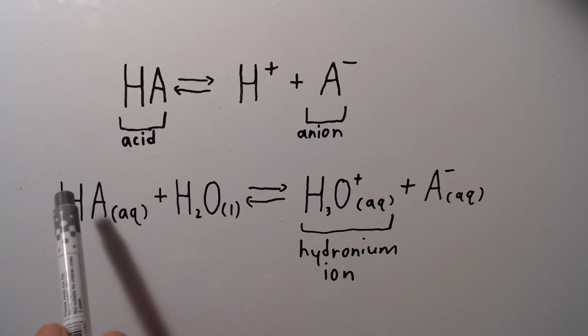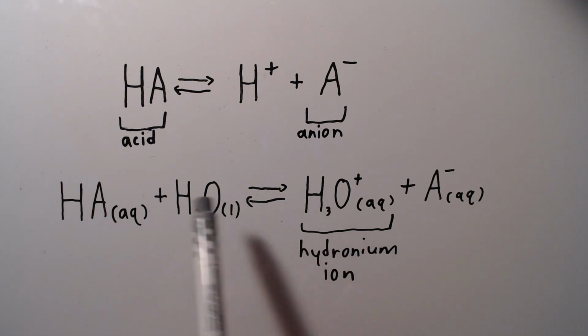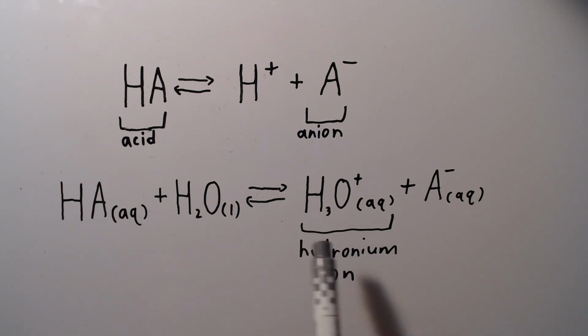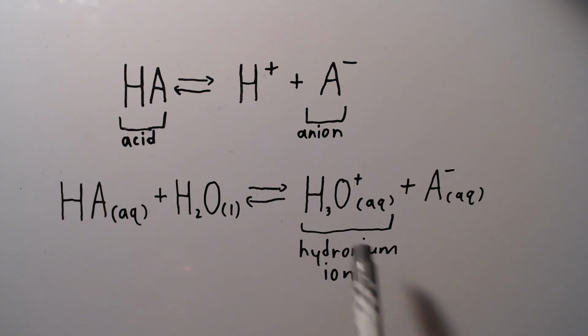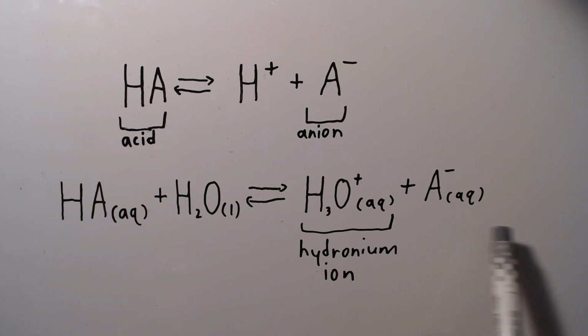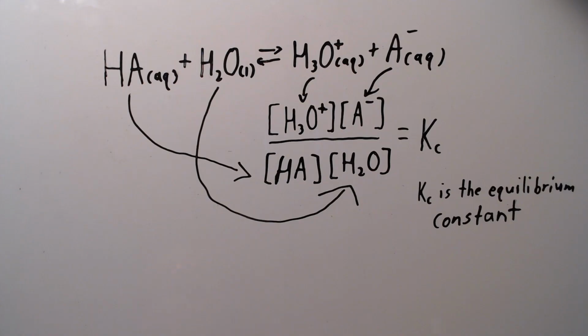These H's right here bind to the H2O to give the H2O an extra H, and this forms the hydronium ion in water. Meanwhile, the anion from this acid remains floating by itself, at least in this case.